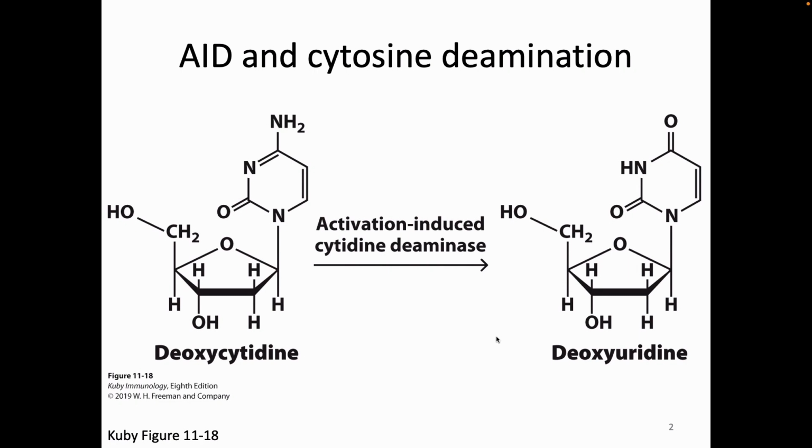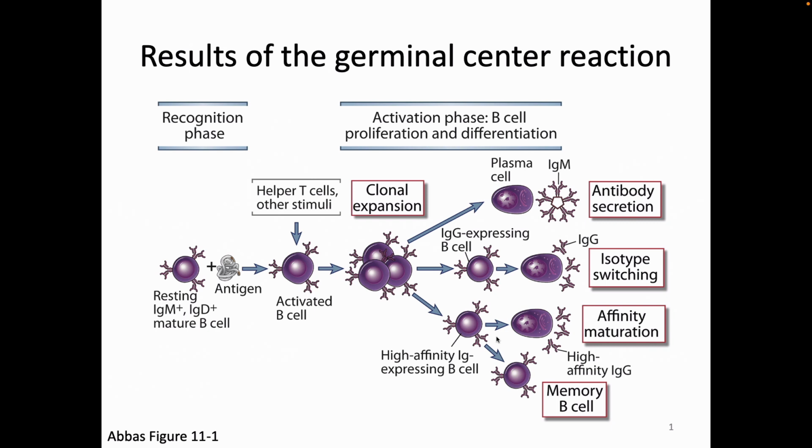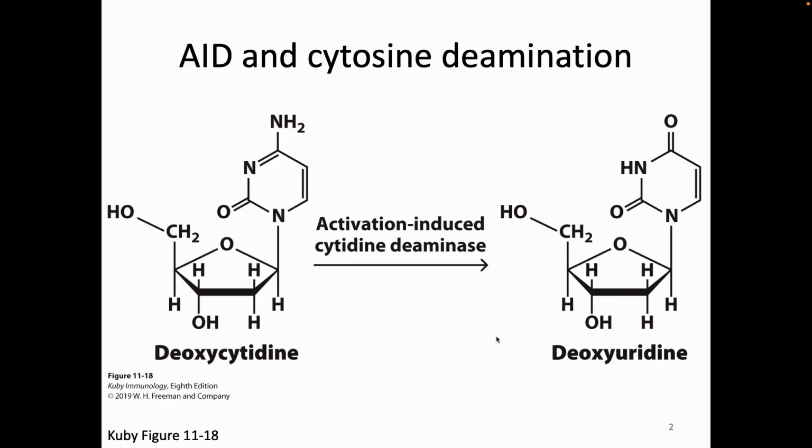The difference between class switching and affinity maturation ends up being where was the C that we acted on? So what was the location of this C? And how do we deal with the U? So U in DNA is not supposed to be there. And we got to deal with it somehow.